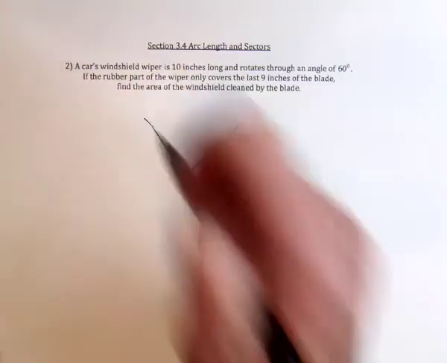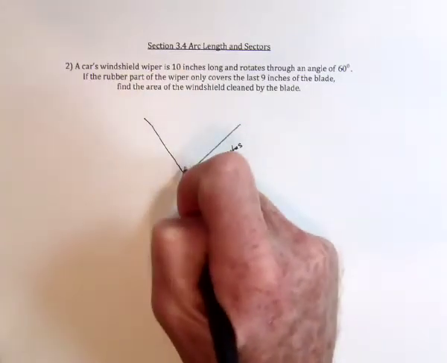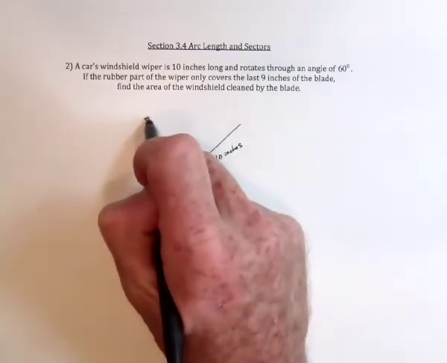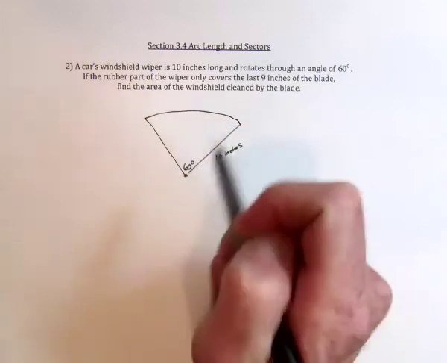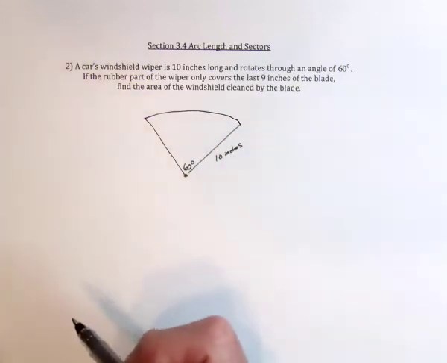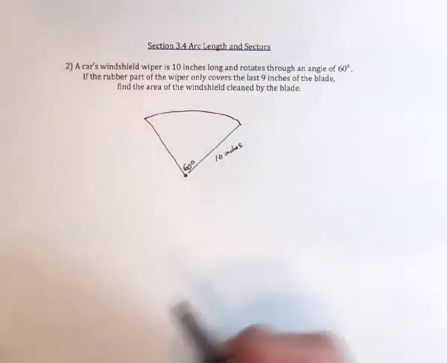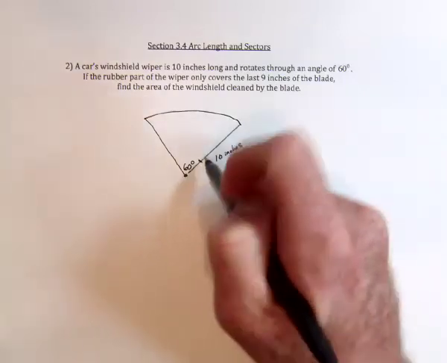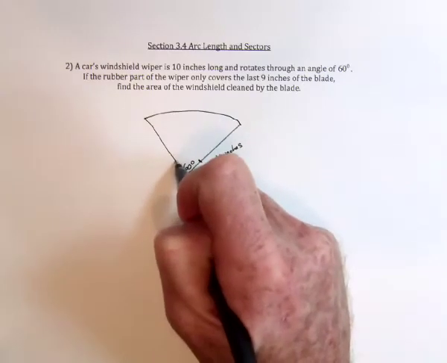So we'd have, when it's on the left-hand side, it would be over here, and this is 60 degrees. And so it's going to make an arc up here as it wipes, but only the last 9 inches of the blade. So there's this 1 inch gap down here that doesn't have wiper blade on it.